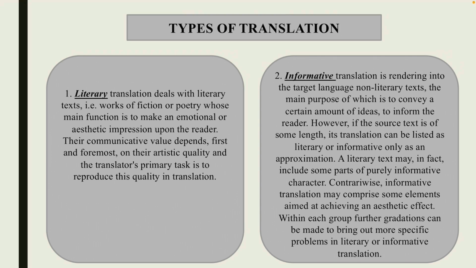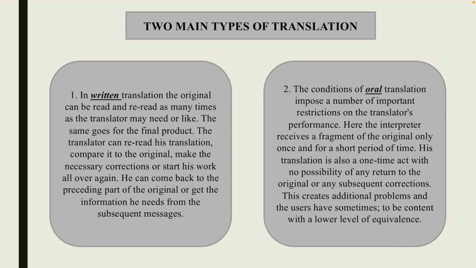A literary text may, in fact, include some parts of purely informative character. Contrariwise, informative translation may comprise some elements aimed at achieving an aesthetic effect. Within each group, further gradations can be made to bring out more specific problems in literary or informative translation.